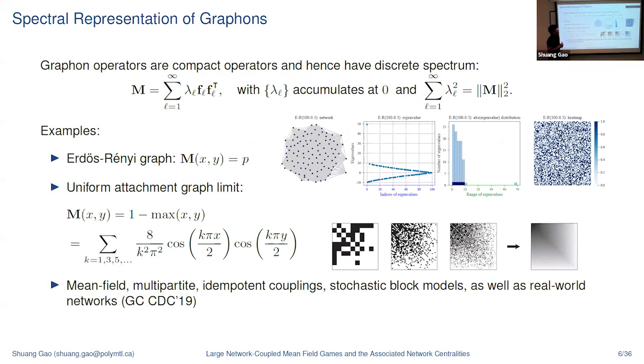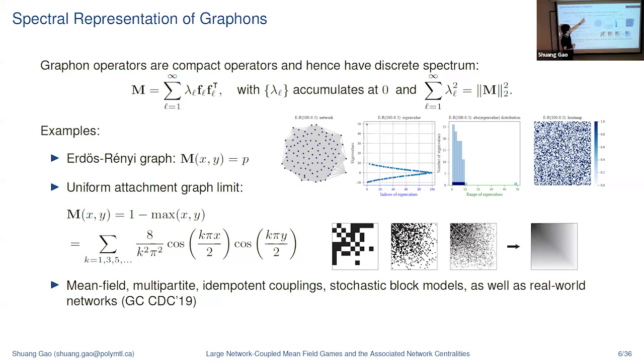When you use it as an operator, it has very nice properties. Graphons as operators are Hilbert-Schmidt operators, so they are compact operators, which means they have discrete spectrums, which means we can write the eigendecompositions very nicely. The number of eigenvalues could be finite or countably infinite.